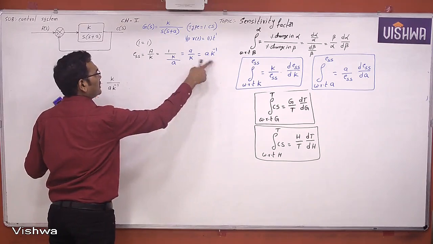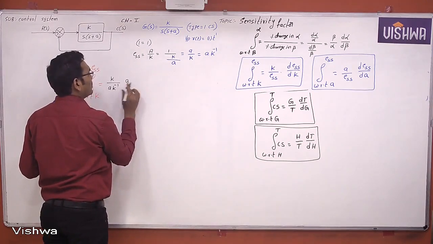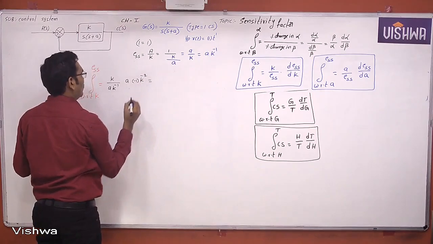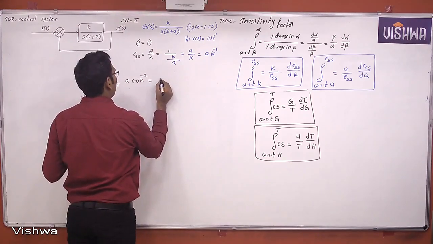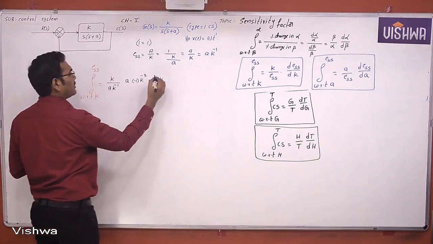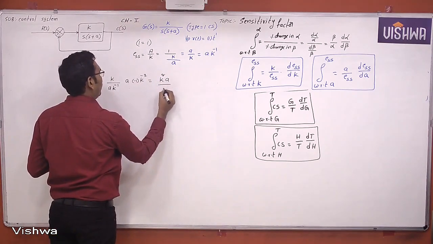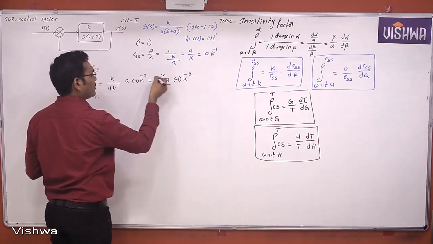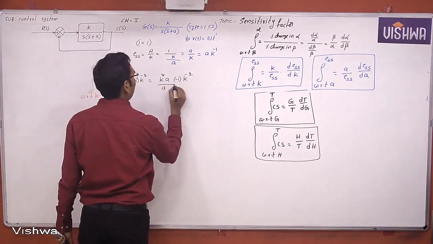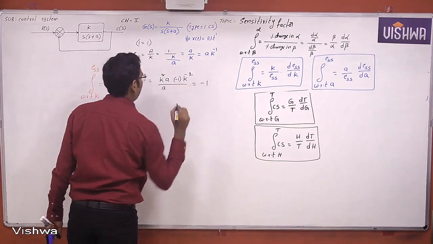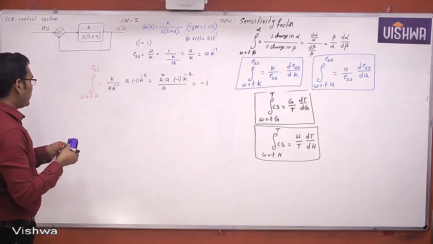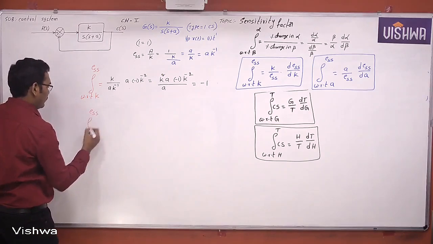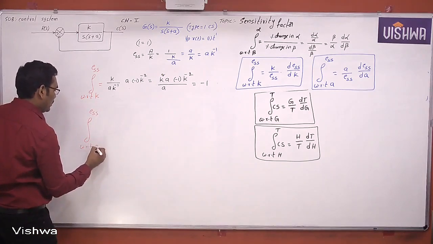Next, differentiate the steady state error with respect to K. A is constant, and the differentiation of K power minus 1 is minus 1 into K power minus 2. Therefore, K squared divided by a, into a times minus 1 into K power minus 2, which cancels to minus 1. This is the answer.